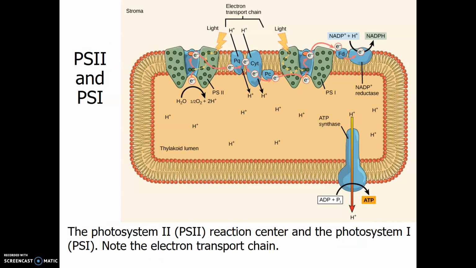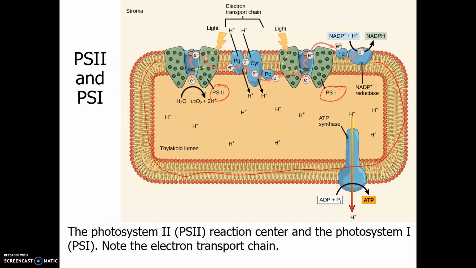Now this shows you the thylakoid membrane. This entire membrane is the thylakoid membrane. It is a double layer of phospholipids, a phospholipid bilayer, and it shows you photosystem 2 on the left and photosystem 1 on the right, and it also shows their respective electron transport chains.